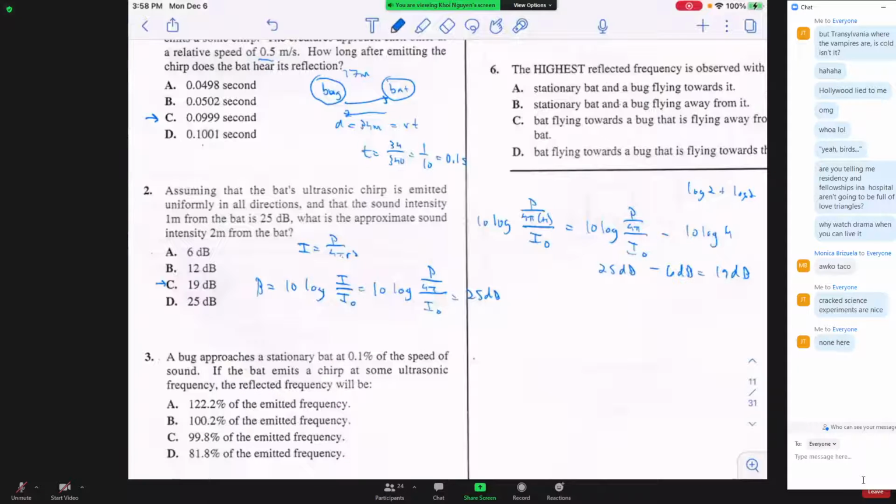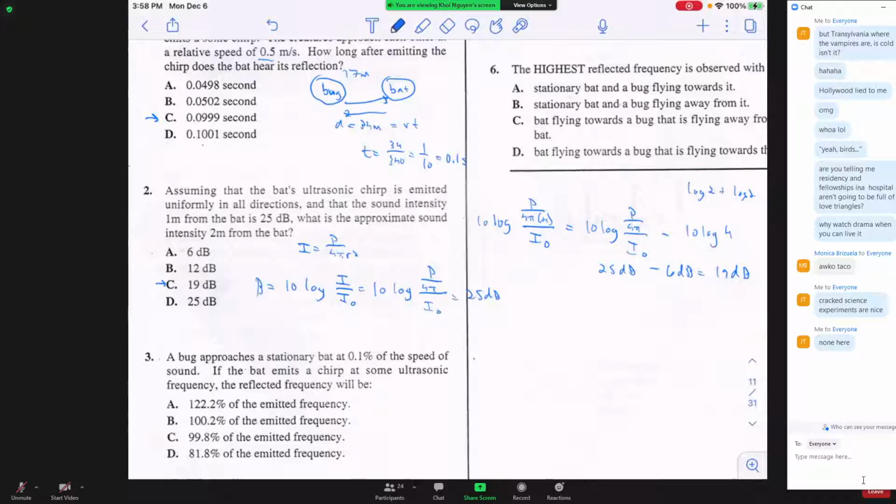A bug approaches a stationary bat at 0.01 the speed of sound. So 0.01 the speed of sound, that's 3.4 meters per second. Divided by 100 is 3.4, and 0.1 of that is 0.34. So that's really slow.